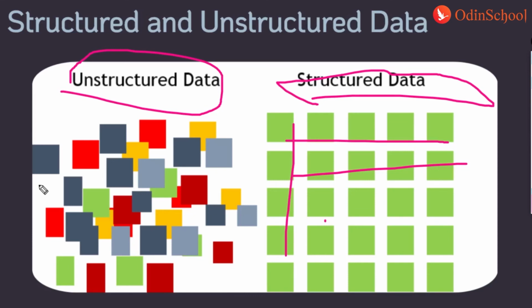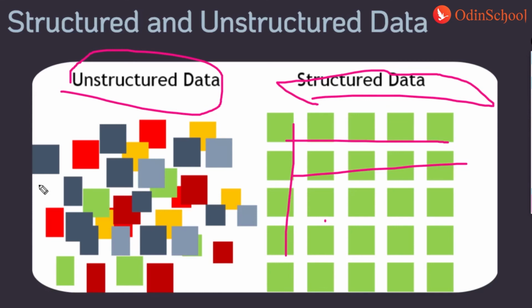Unstructured data can be like a Facebook post, or for example Twitter data, or your mobile information, mobile logs or system logs. Anything like that is unstructured data.